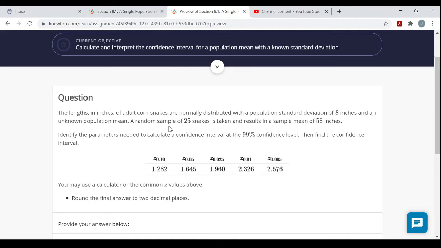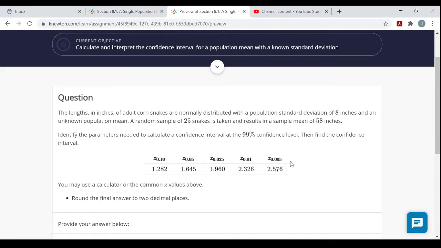All right, a random sample of 25 of these corn snakes is taken and results in a sample mean of 58 inches. So we're asked to identify the parameters needed to calculate a confidence interval at the 99% confidence level, then find the confidence interval.